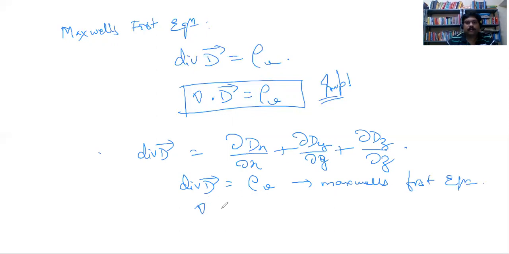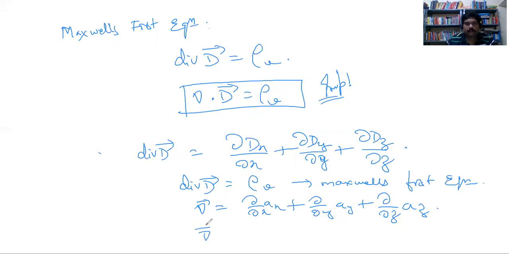Then we saw the vector operator del: dou by dou x ax plus dou by dou y ay plus dou by dou z az. And finally, we saw that del dot D is nothing but divergence of D, equal to rho V. So this is the summary for today's class.